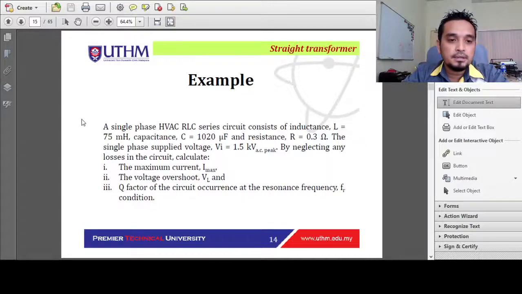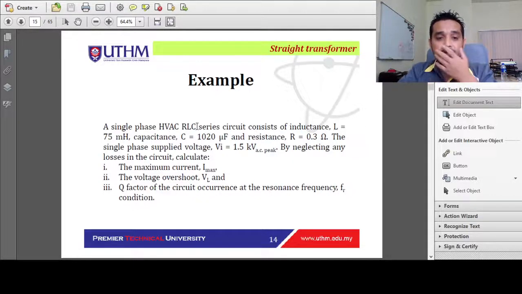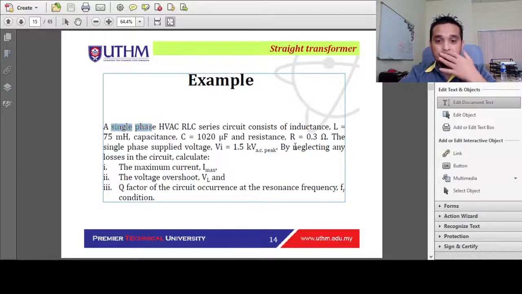Okay, let's consider this simple worked example. A single phase HVAC RLC series circuit. It mentioned here single phase. It consists of inductance L equal to 75 millihenry, capacitance C equal to 1020 microfarad, and external resistance R equal to 0.3 ohms.